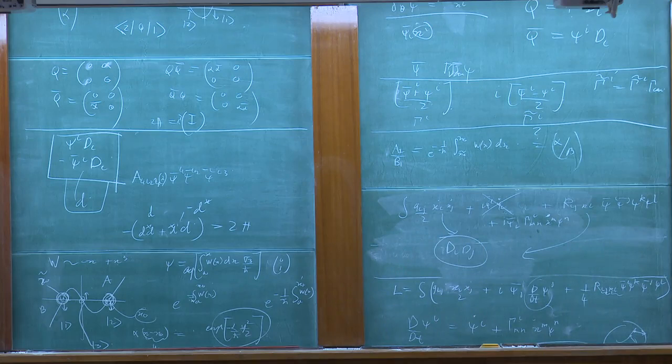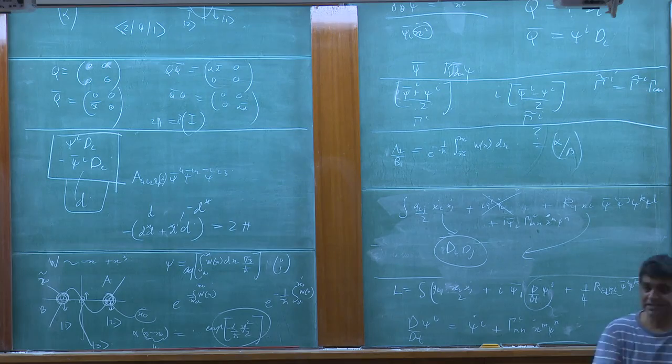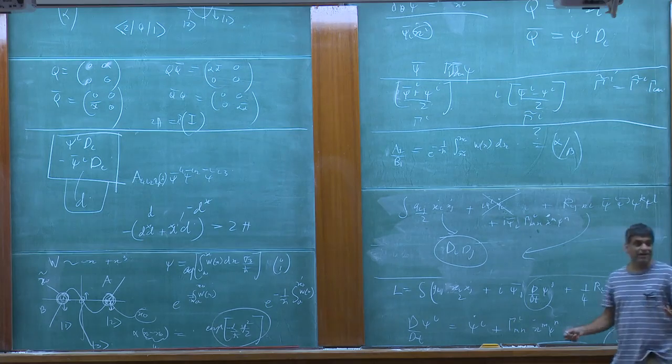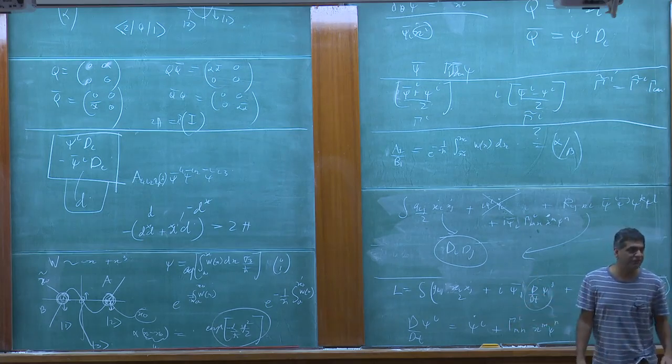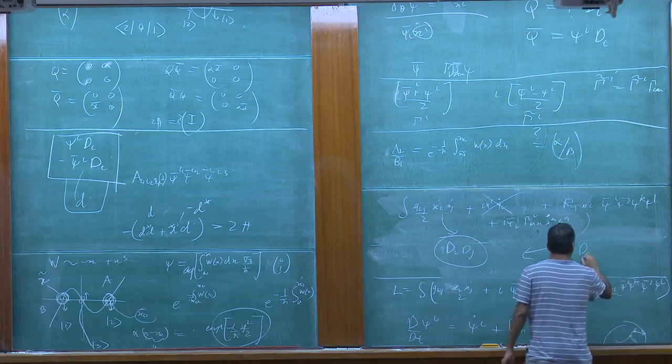You see, we wrote our del square as d star d plus d d star. But you could ask, why do I have to write del square in such a fancy way? Can't I just write it as a contraction of covariant derivatives? So you might have thought, okay, one natural definition of del square on forms would be D_mu D_mu.